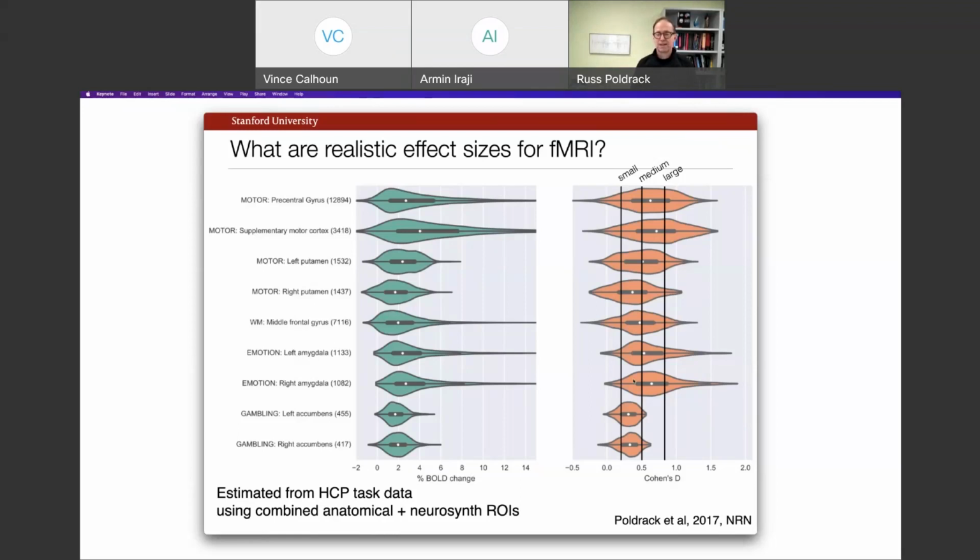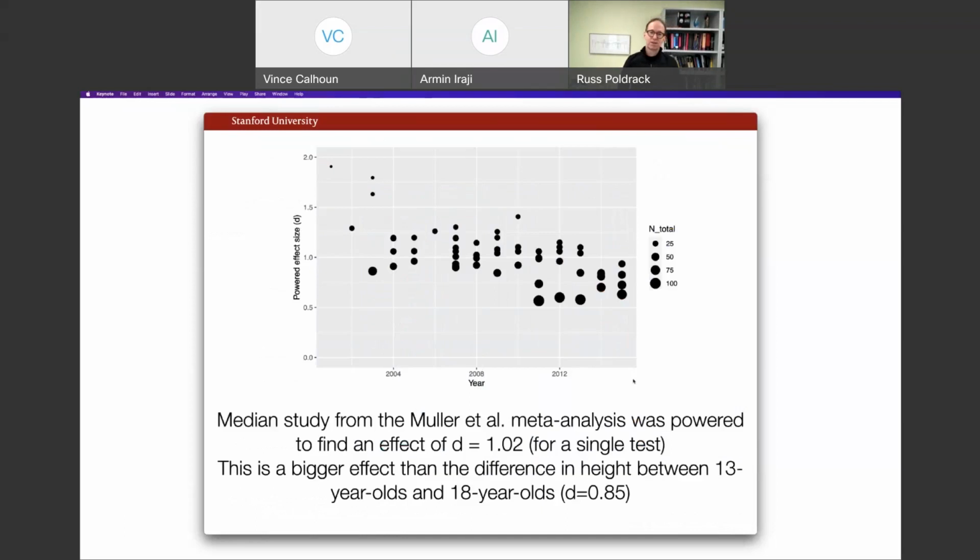So it's telling us that the literature remains badly powered. And if we actually take the sample sizes from the Müller et al. meta-analysis for the 93 studies reported there, we can see basically that over time, power has gotten better in the sense that the effect size that you're powered to find has gone down. Early on, you're only powered to find effect sizes of well over 1.5.